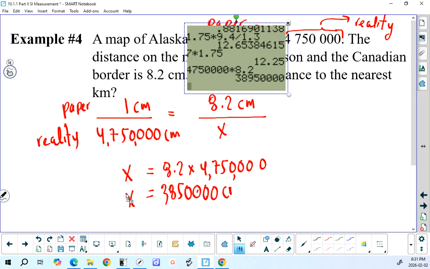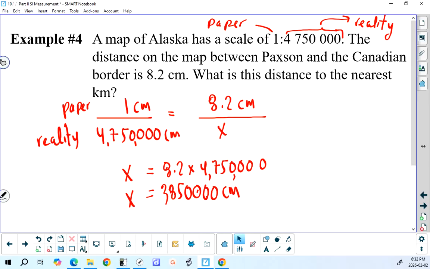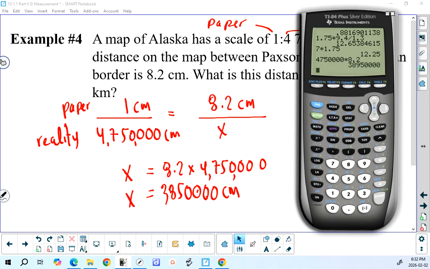389,500,000 centimeters. I mean, we could use a series of ratios now to get it to kilometers, but I do think there comes a time where some of these conversions should be obvious. To go from centimeters to meters, you divide by 100.